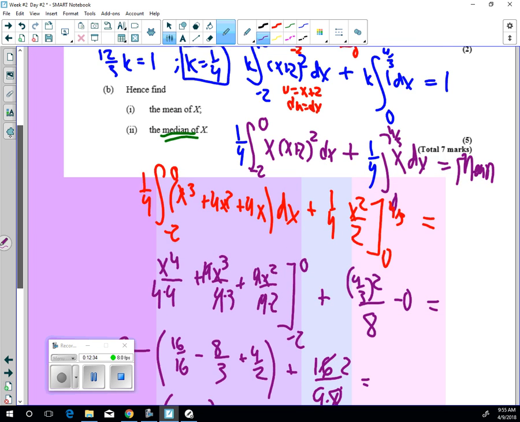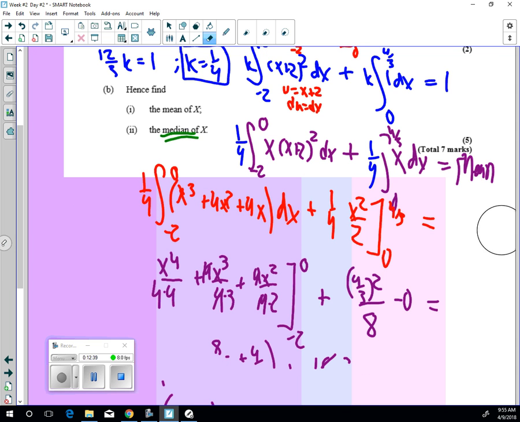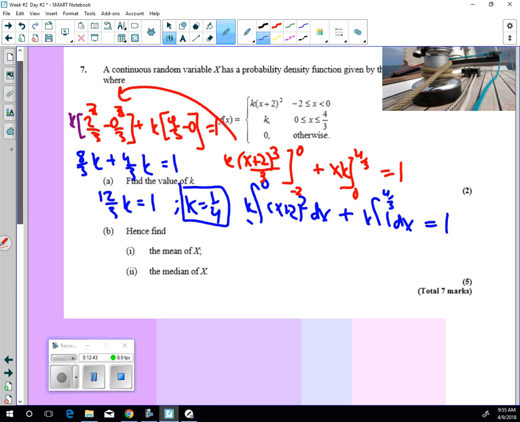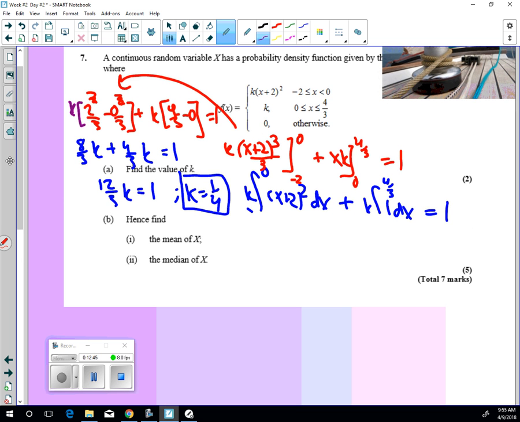All right, then for median, all I'm going to say about the median, I'm not going to do this one for you, but I am going to get you to think about this a little bit. The median is the value where the integral adds up to what? What's the integral going to be? Not 1, but 0.5. So here's the tricky part of this. You have two functions, and you don't know where it's going to end up. So here's what I would do.